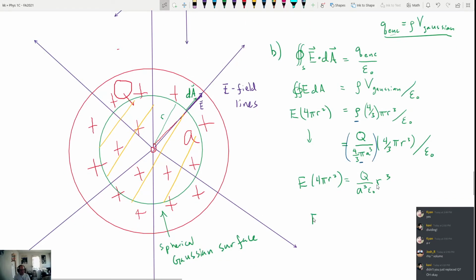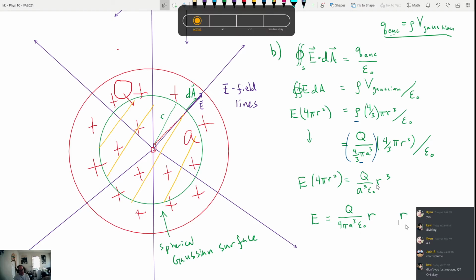So what we're going to be left with is that e is equal to q over 4 pi a cubed epsilon naught. And now r squared and r cubed we're left with just 1r. And this is going to work for r less than a.